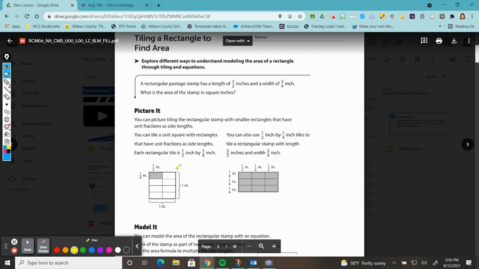What the tiling method says is that you can make little tiles using unit fractions as your side lengths. The thing that we need to know about unit fractions is what they are.